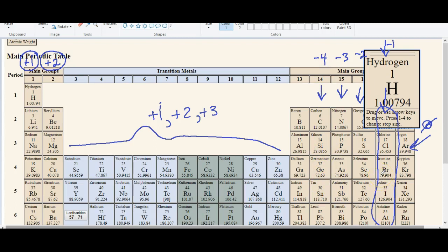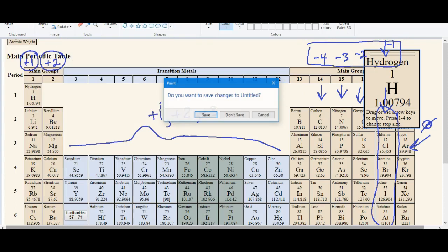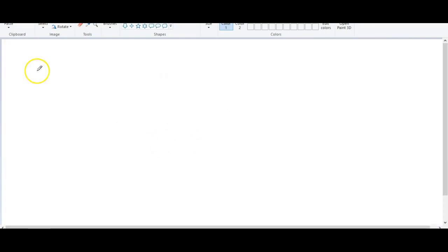So if you want to, on your scrap paper, when you get in, what I would do is say group 1, group 2, and then over here group 18, 17, 16, and 15, just on a piece of blank paper, and then +1, +2, and then no charge, -1, -2, -3, and -4.